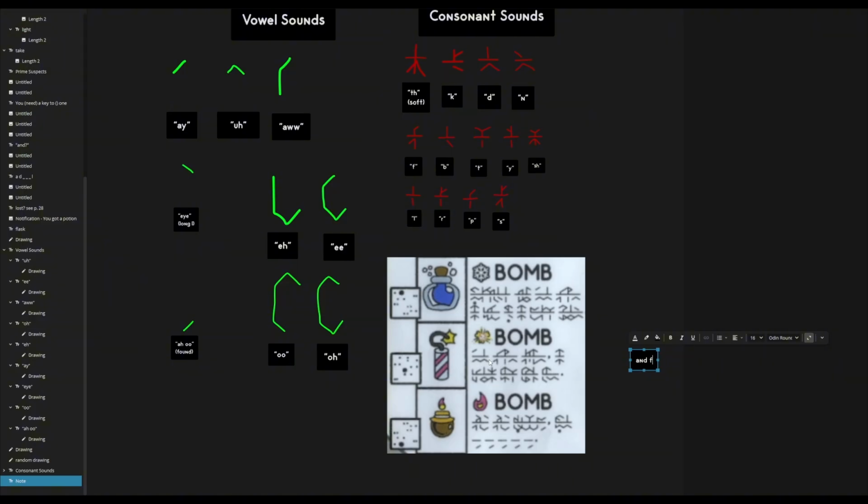F. No consonant. No F. Oh. Fret. Something. And something. Hey, we gotta crawl. We can walk. That's an F.